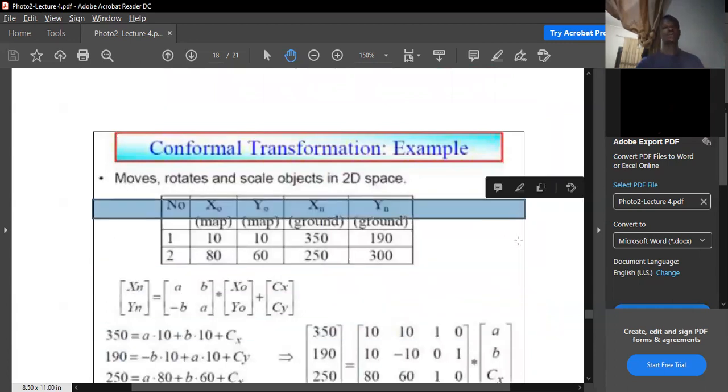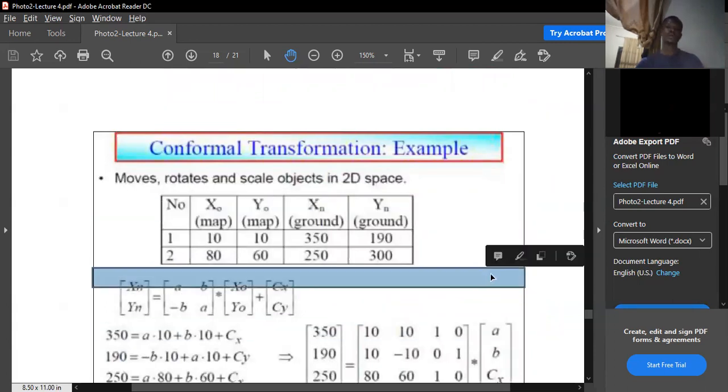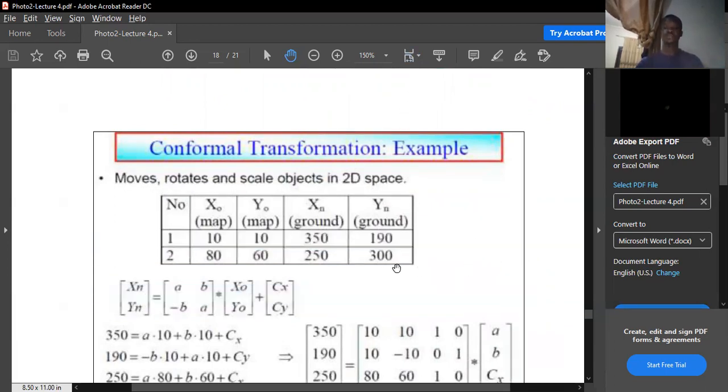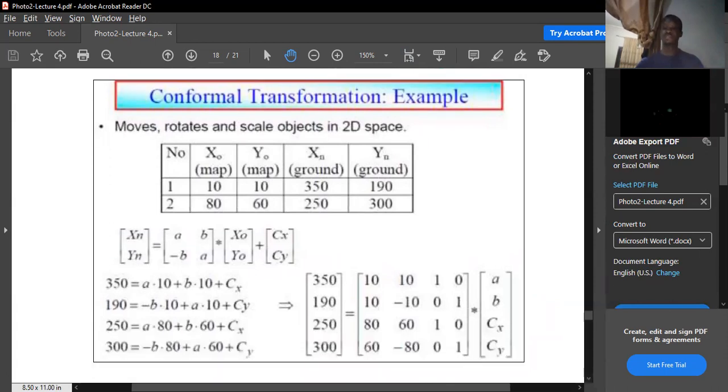In the conformal transformation, what we do is that we have 2 coordinate systems. So here we have the map coordinate system, we have the ground coordinate system, and we can find out the relationship between the 2 coordinate systems and then have a transformation. Is that okay? We can look at it in terms of georeferencing, which you will learn later on, or you probably know already.